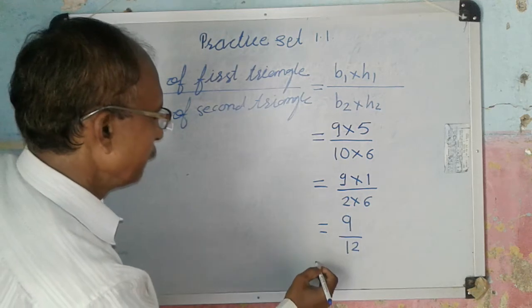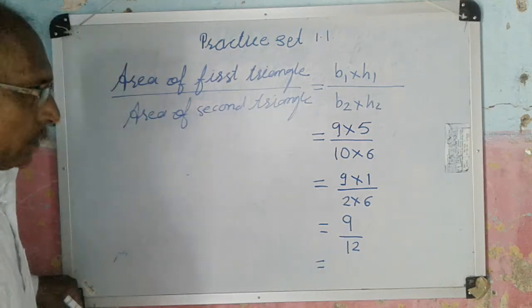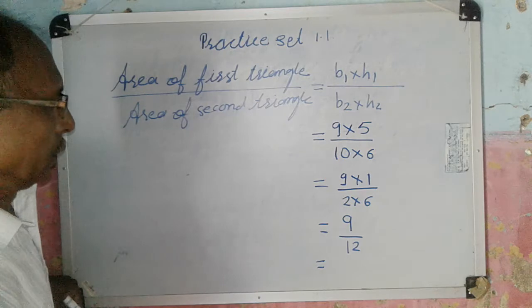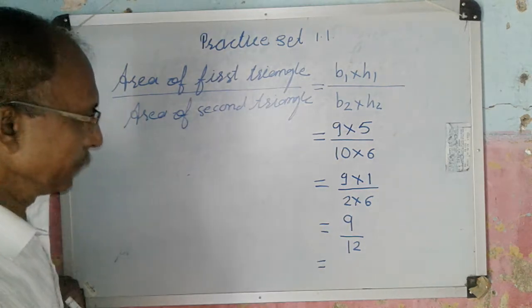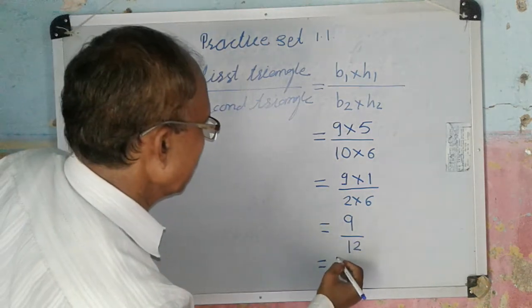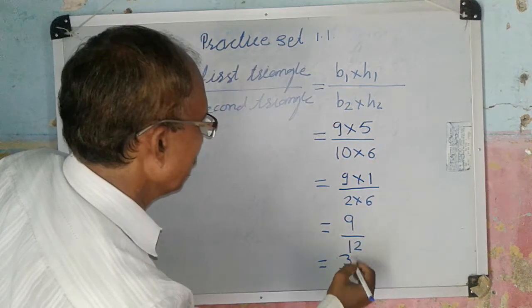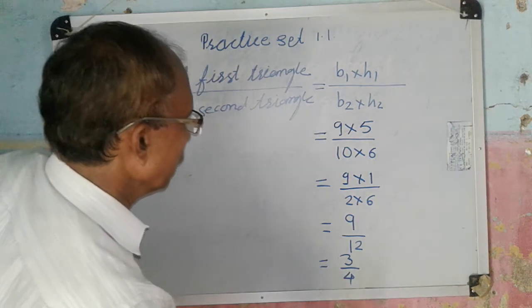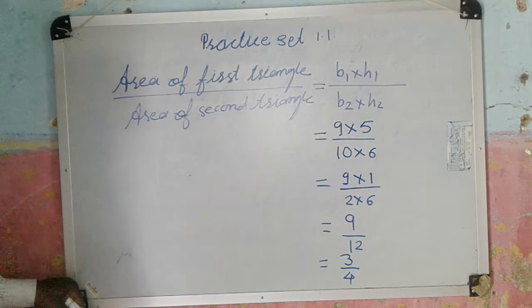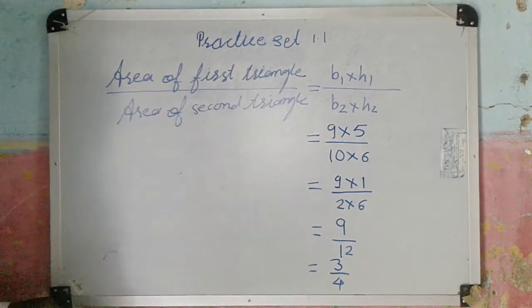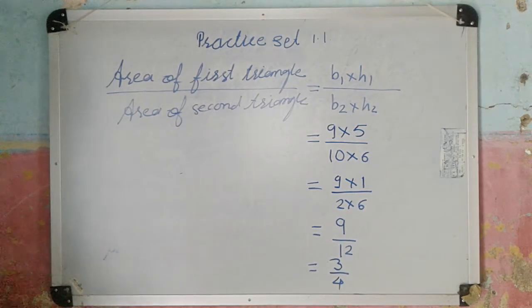Now again we will simplify this, divide both the terms by 3. So we will get 3 threes are 9 and 3 fours are 12. So our answer is the ratio of areas of two triangles is 3 upon 4.